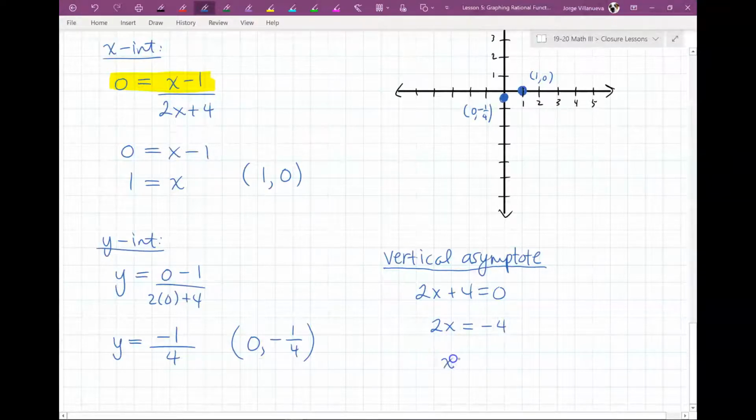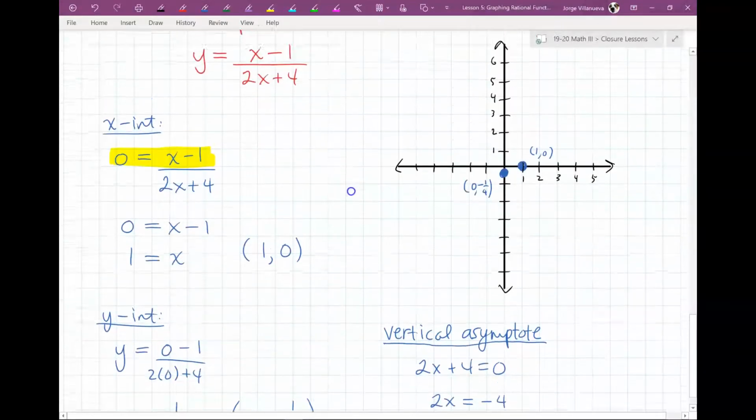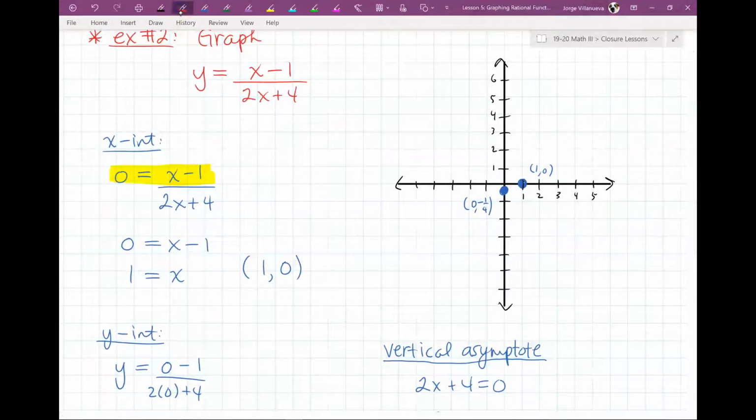If you divide by 2, you get x equal to negative 2. So x equals negative 2. I'm going to draw a vertical line there. There's my vertical line.